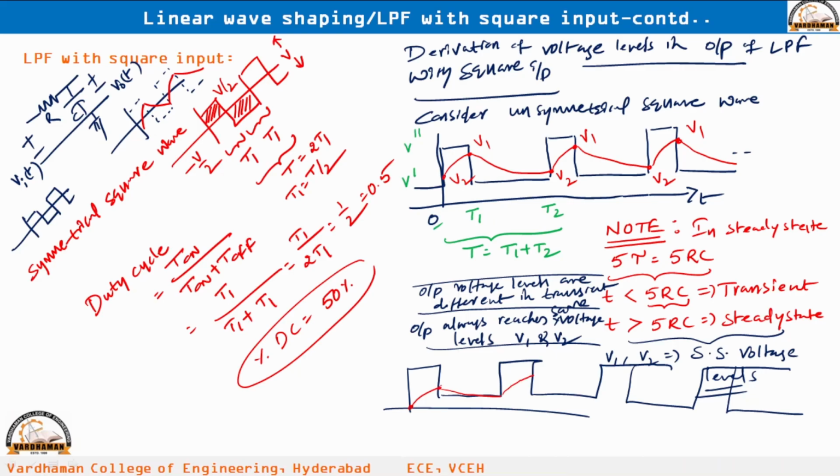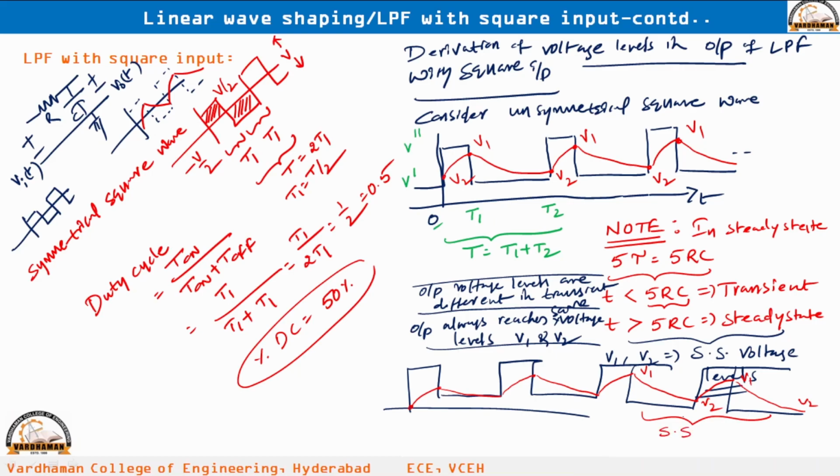You see this voltage level is different from this voltage level, then it is discharging like this. Previously it discharged to 0, meaning the lower level, but now it is discharged to some other level, now it is charged up to here, next discharged up to here, next charged up to the same voltage level, next discharged up to the same voltage level. Here it already reaches V1, V2, V1, V2. From this time onwards it is always charged up to V1, discharged up to V2. Okay. That means here it is entering into steady state.